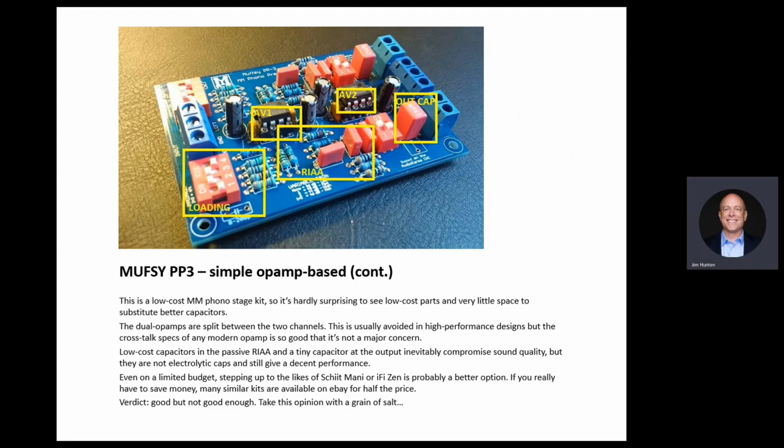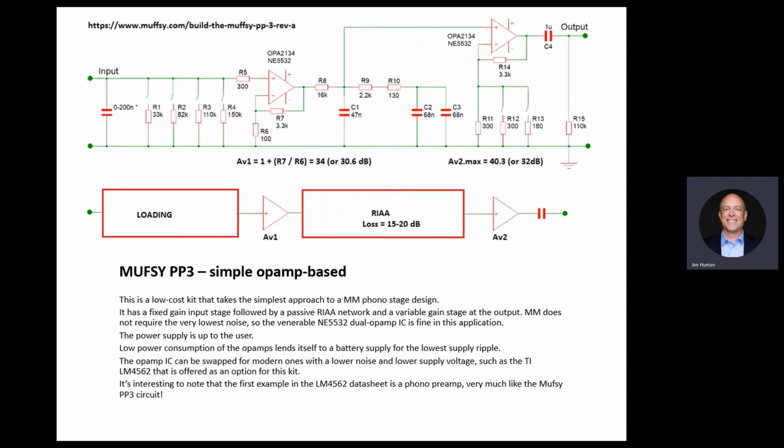They actually advertise the circuit. So this is the circuit. The loading, obviously, is here, and then you have an amplification stage, and then you have a passive RIAA network, and that goes into the second stage.